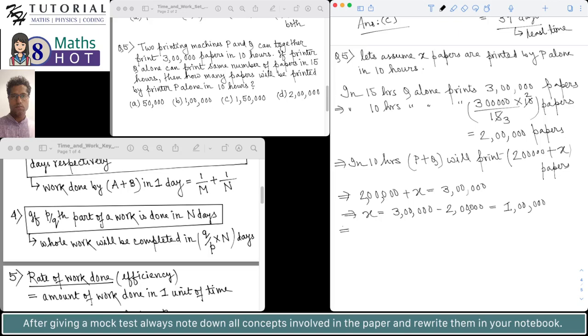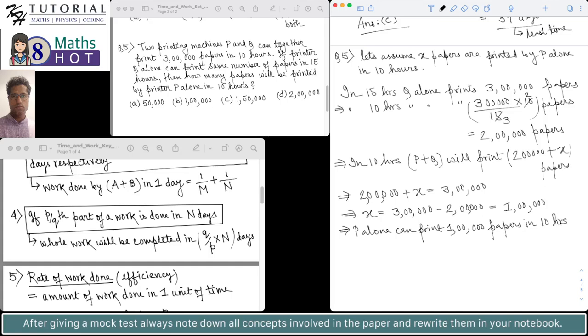So this will imply, and what was X? We assumed X to be the number of papers printed by P alone in 10 hours. So P alone can print 1 lakh papers in 10 hours.